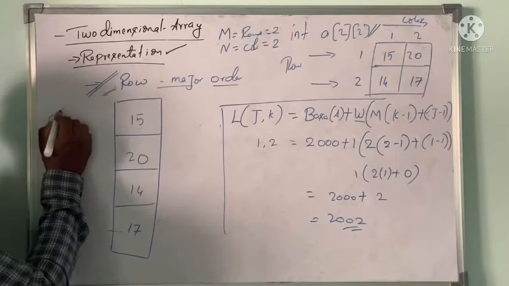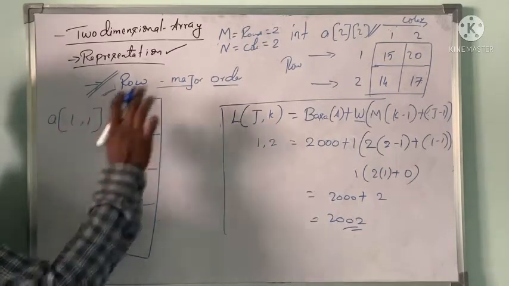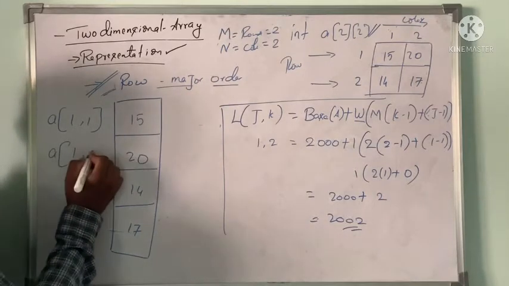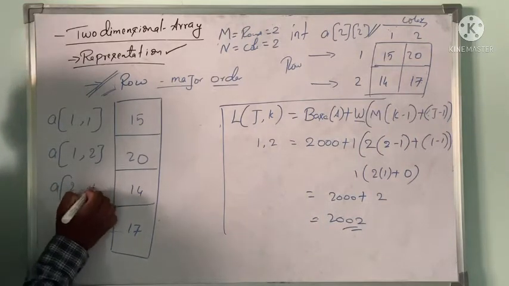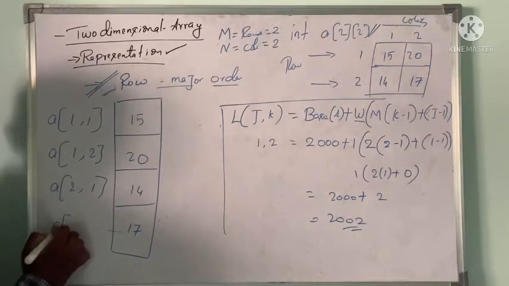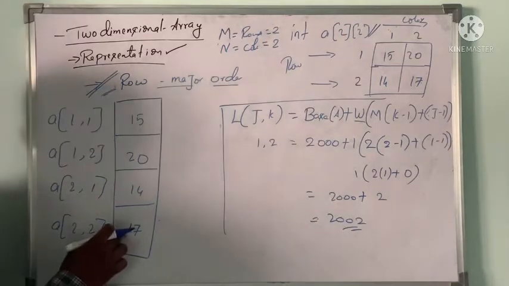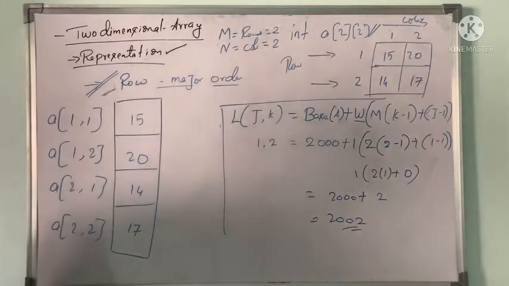So first A of 1, 1, first row, first column. Next A of first row, second column. Next A of second row, first column. A of second row, second column. Okay, so you can represent any number of elements like this.